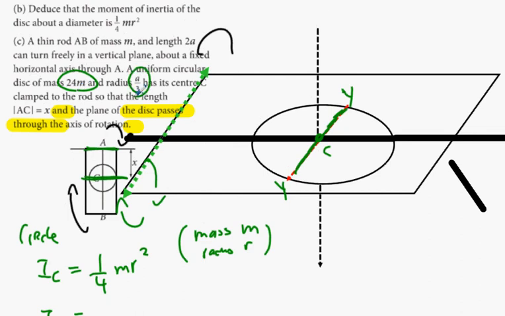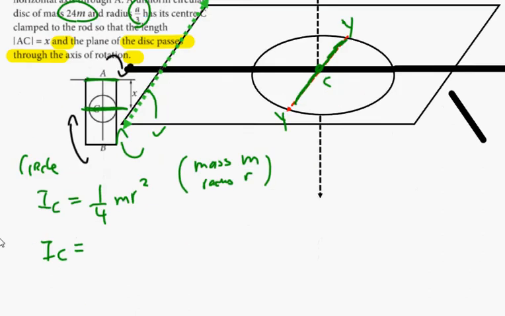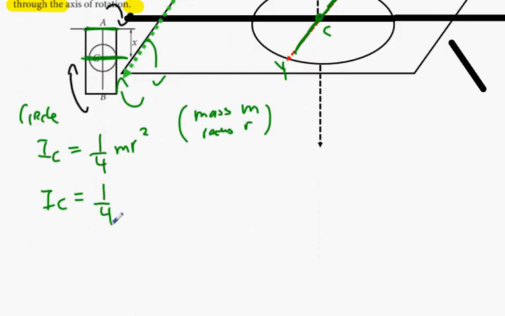A over 3. So I have to do a quarter of 24m times (A over 3) squared, and when I do this, I'm going to get just 2 over 3 MA squared.